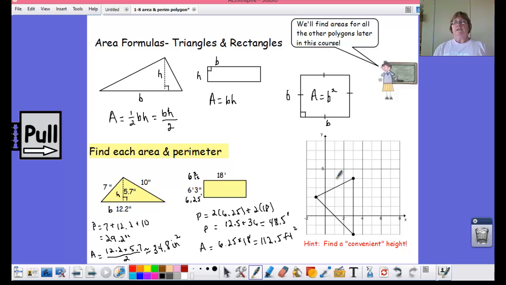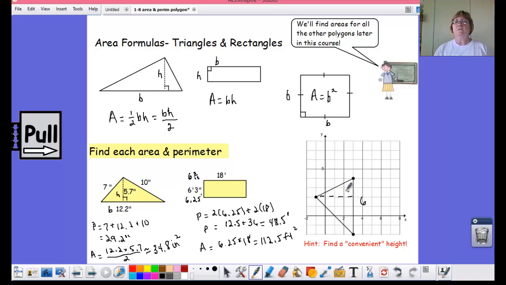We're left with one more. I just want to remind you we already had these measurements. I know that this side was 6, and the hint here says find a convenient height. Ladies and gentlemen, a height starts at a corner and hits the opposite side at a right angle, and we have a really nice height right there. See, that horizontal line is countable. The vertical and the across, we can count those.